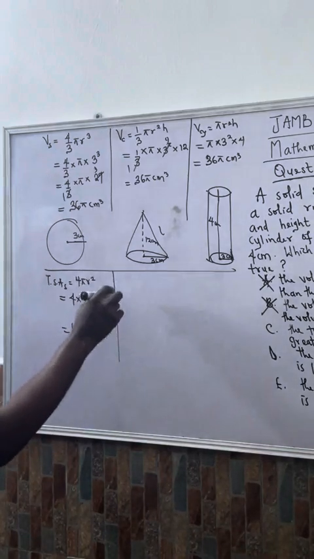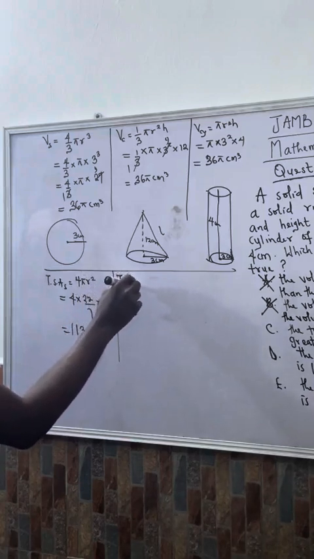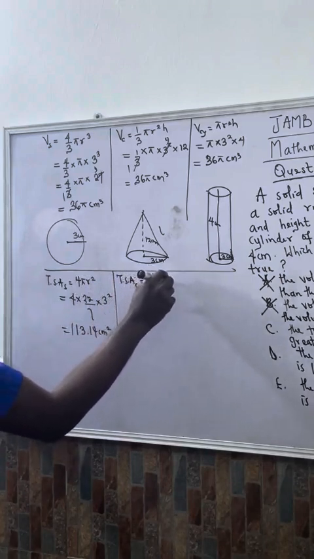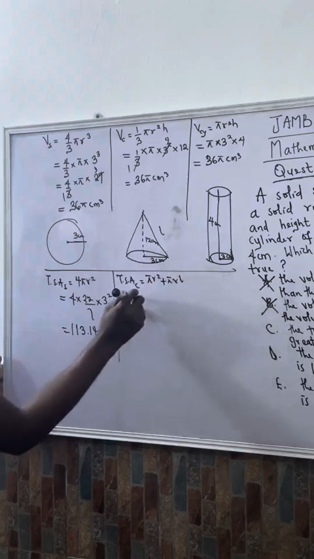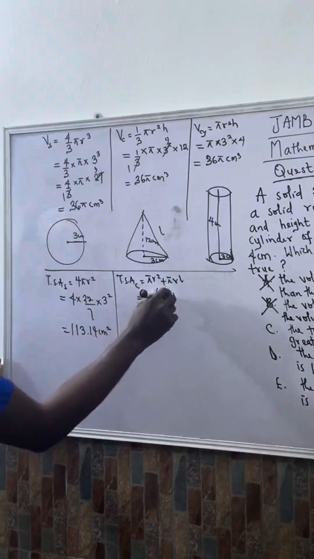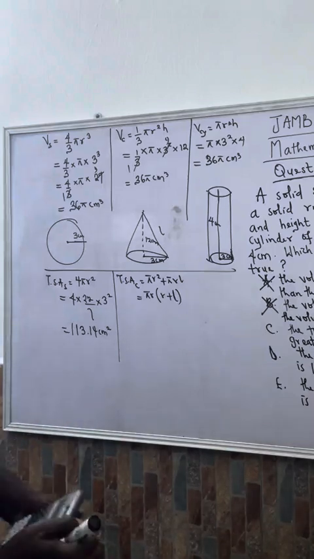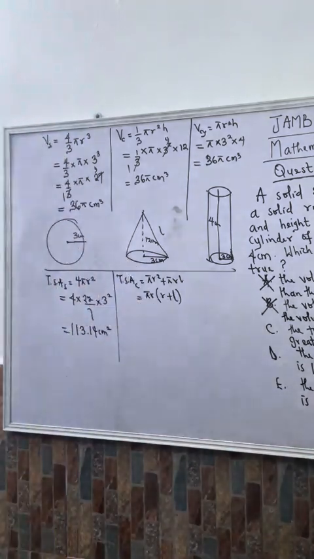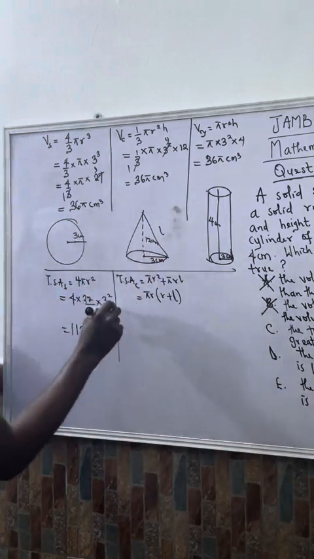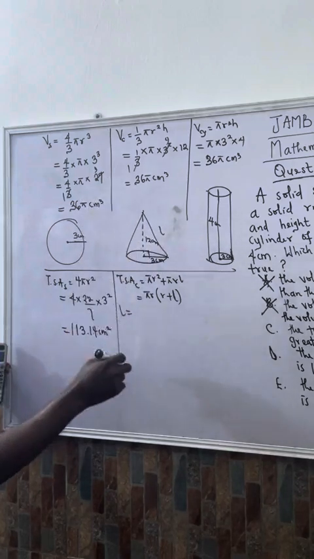Let's go for that of the cone. Total surface area of cone equals pi r squared plus pi r L. I can factor out pi r, so I will have pi r times r plus L. But the question does not give me L, which is the slant height. I can always get it using Pythagoras theorem, because this is a right angle triangle.